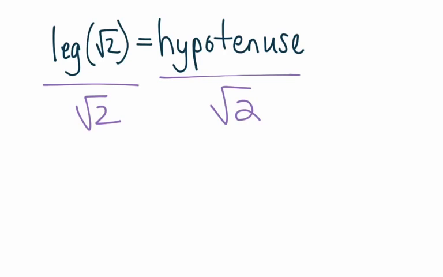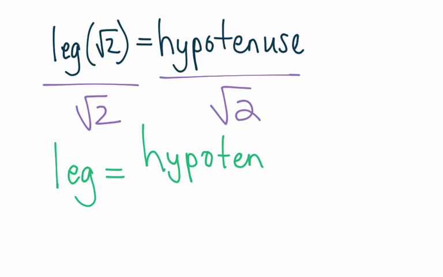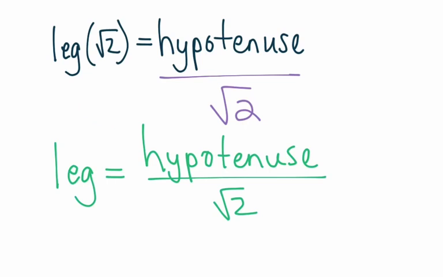So here you can see that the leg is equal to the hypotenuse divided by square root of 2. I'm going to erase these so we can see those final two equations.